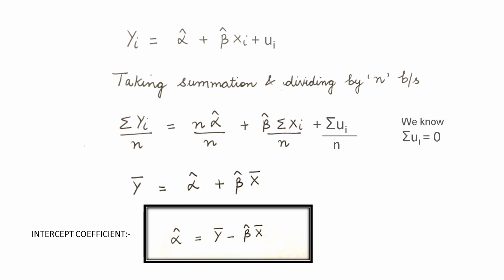So the estimators which we have obtained, that is alpha hat and beta hat, are known as the least square estimators because they are derived from the least squares principle. So this was all about the derivation of least square estimators.